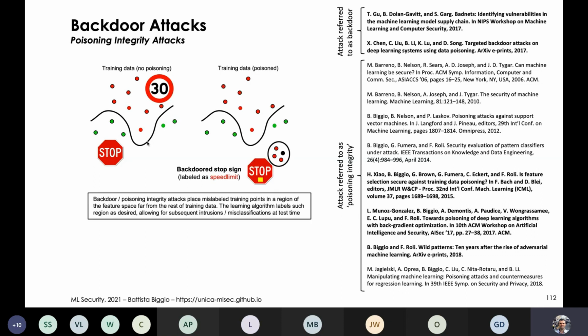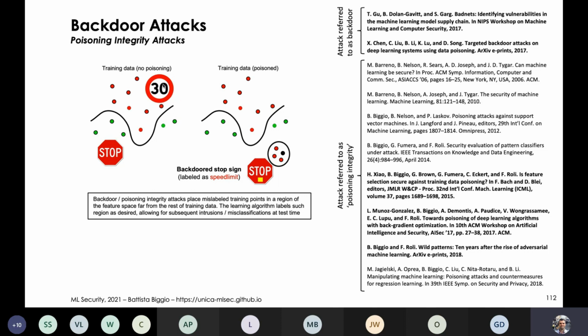What may happen is that he creates images of stop signs that have this yellow sticker below the text, as you see here, and assume this is labeled as a speed limit. So what you're doing now is adding a bunch of pictures of stop signs with stickers and telling the neural network before it's trained that these are speed limits.